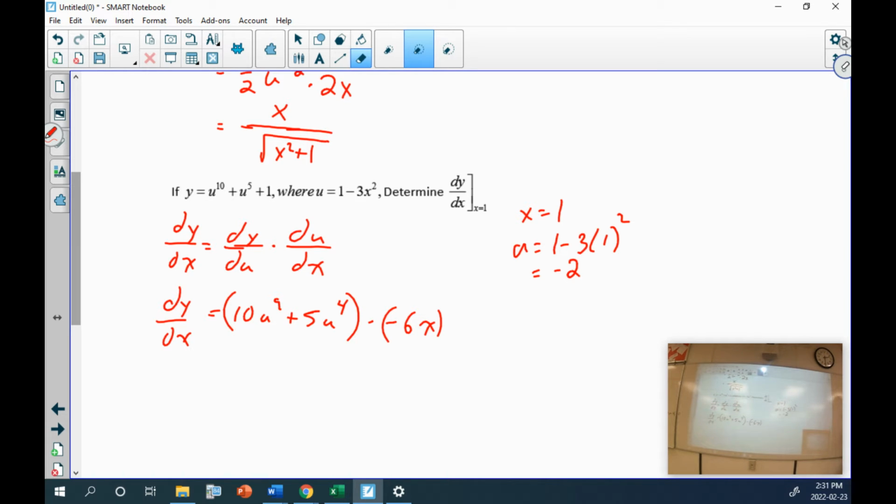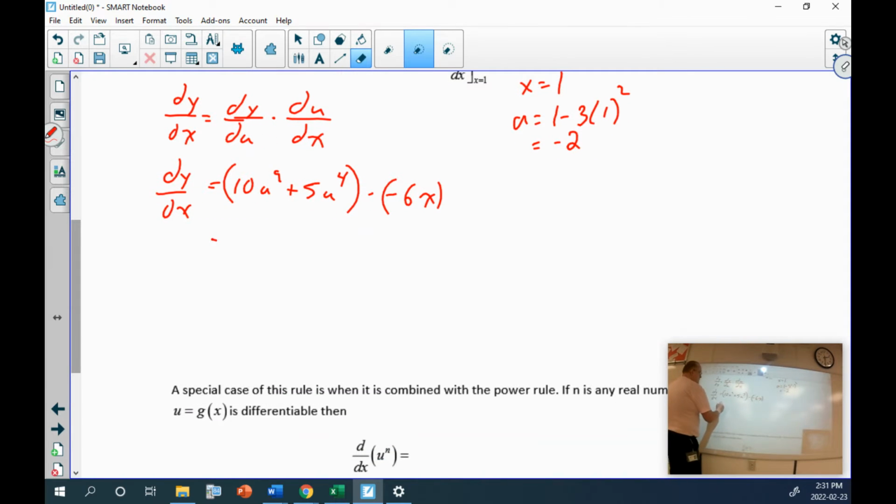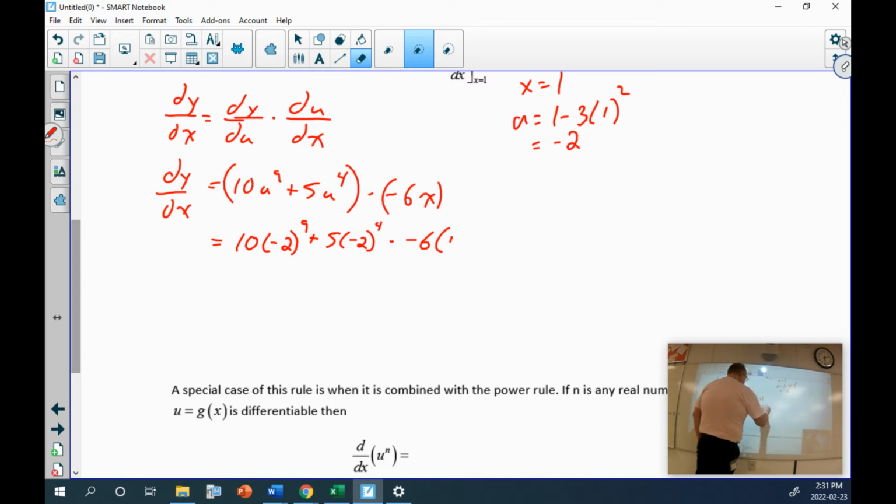So instead of substituting in 1 minus 3x squared for u, because we want where x is equal to 1, I'm going to take my u, plug it in where I see my u, plug my x where I see that.